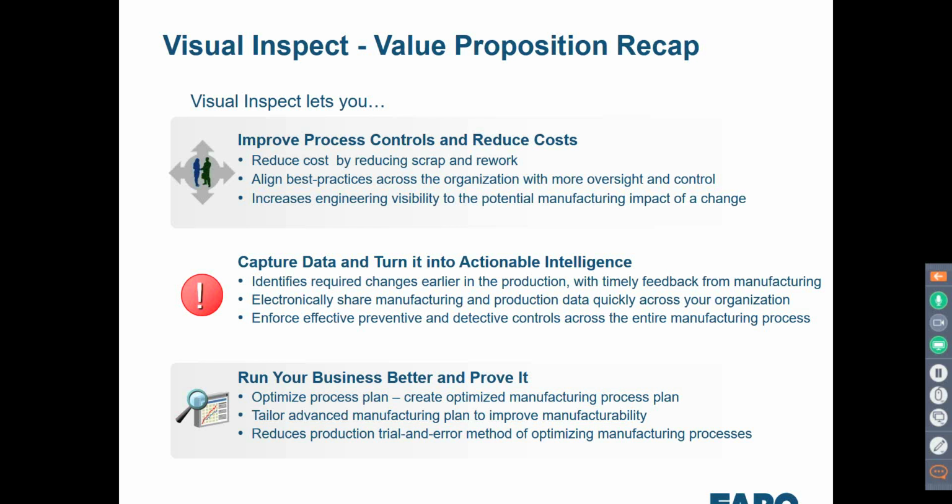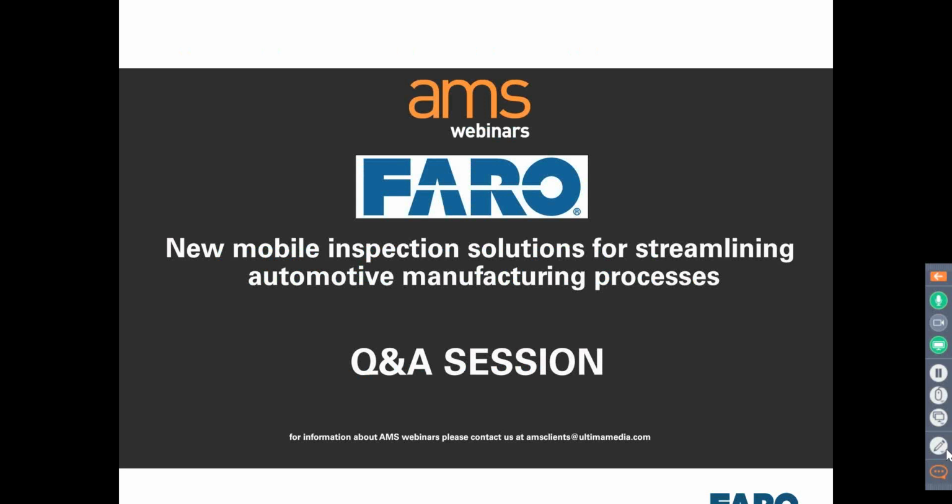We allow you to streamline or run your business better. And basically, the better you run your business, the better supplier or provider you'll be to your customers, and certainly that'll translate to increased sales for Visual Inspect product platform and for the FARO team. So with that, I'd like to probably open this up to questions and answers.